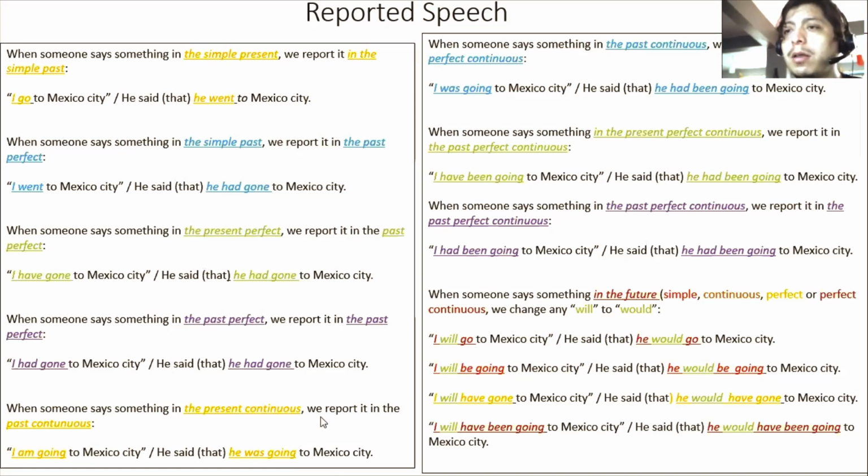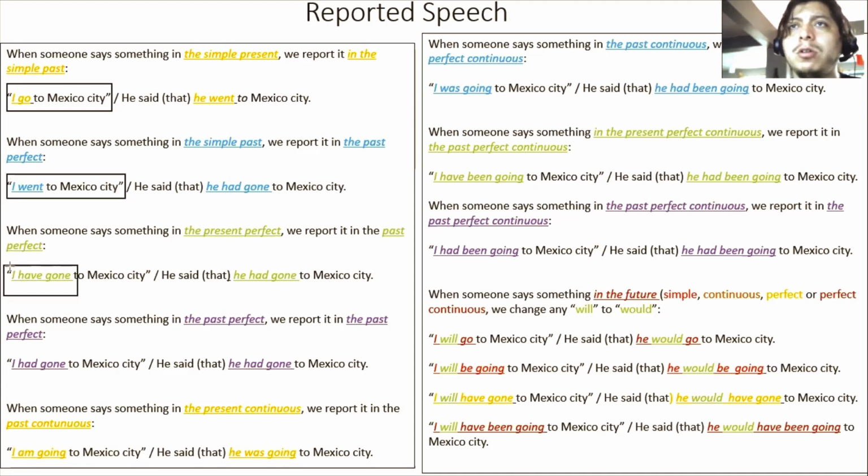So again, the first thing that we need to do is identify direct speech. This is direct speech. I go to Mexico City, okay? Now, for example, I went to Mexico City. This is direct speech. I have gone to Mexico City.